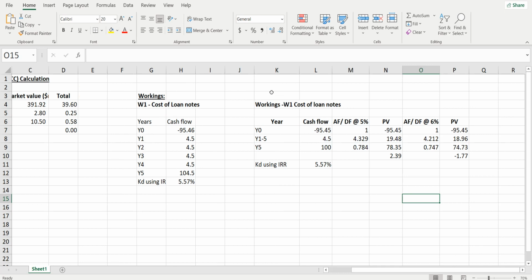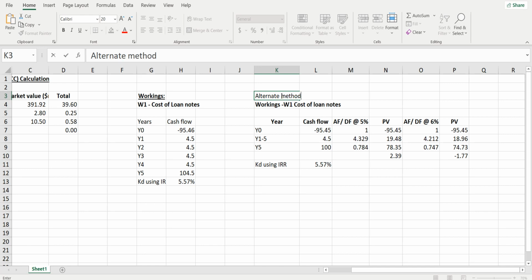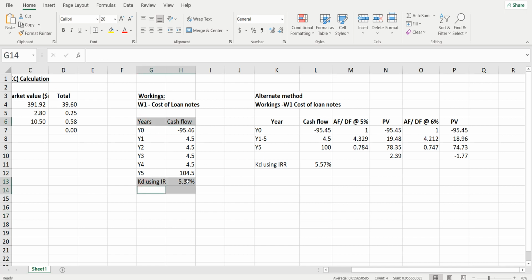Okay, so this is an alternate method. This is just for demonstration purposes. You can just follow the IRR formula, which should be enough. But this is another formula, same as IRR, but you have to do a lot of work. You take the year 0 and you do annuity and discounting factors.